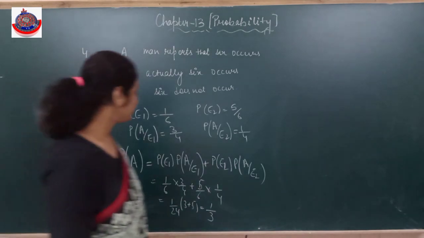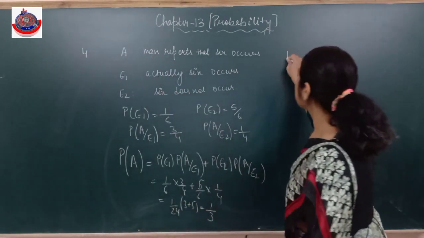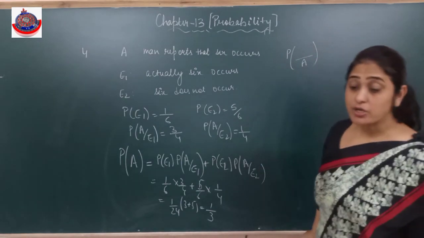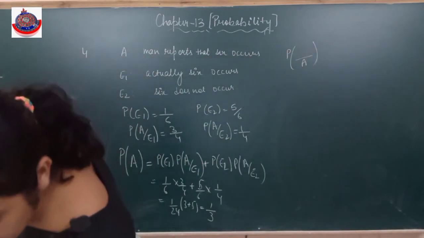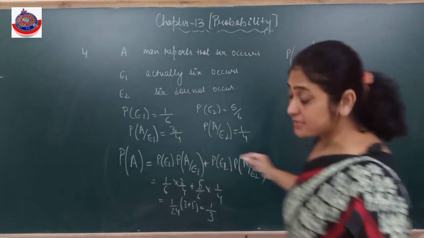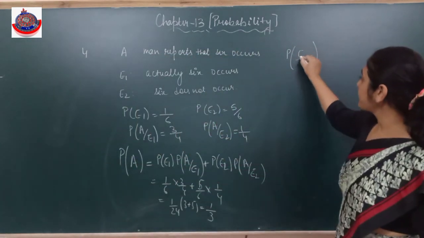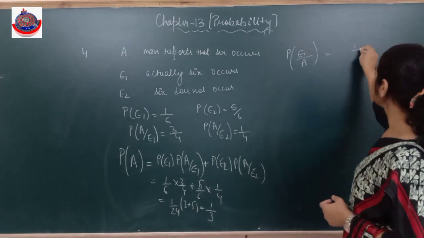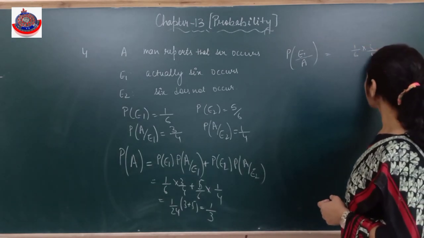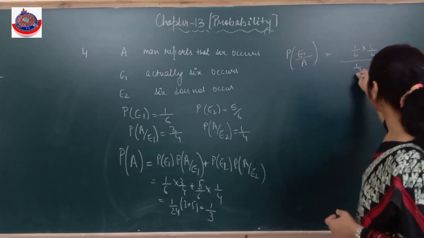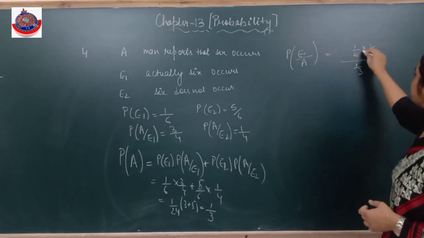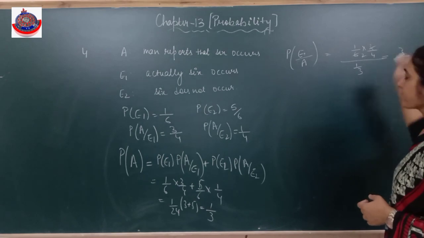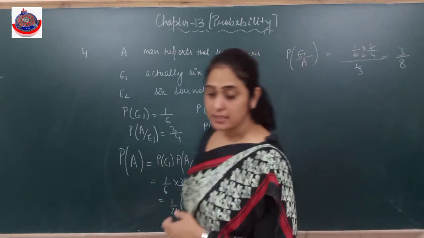So now he says he has already reported it is a 6. Find out whether actually the 6 came. Actually it is a 6 is which event? E1. So what will be the formula? Only the E1 part we picked, divided by the total, which has come 1/3. Solve it. 3/8 would be the answer.